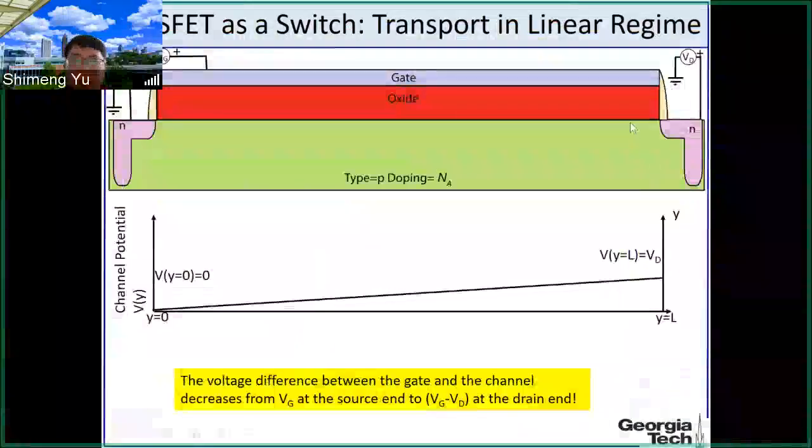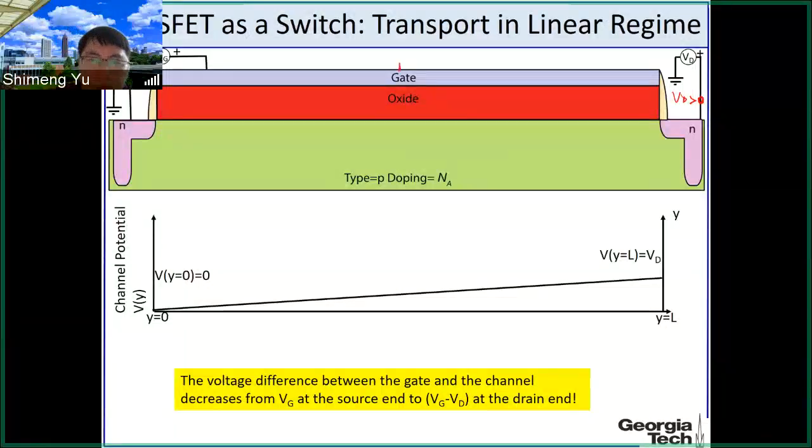Now let's look at when we apply a drain voltage larger than 0. Still here the gate voltage is larger than the threshold. So we have the channel, but now we have the drain voltage.